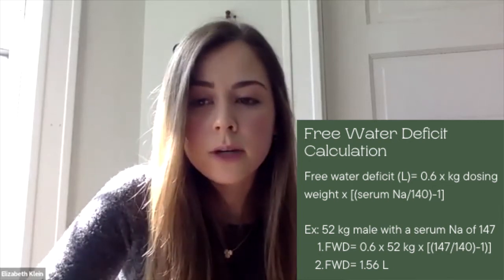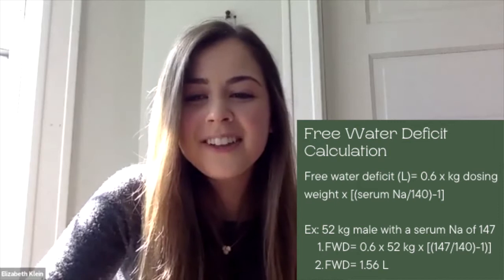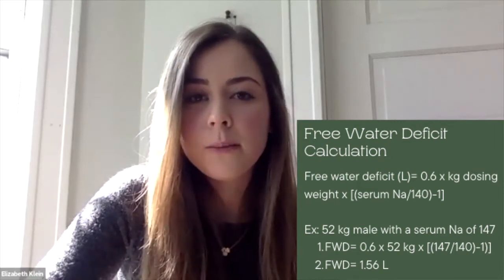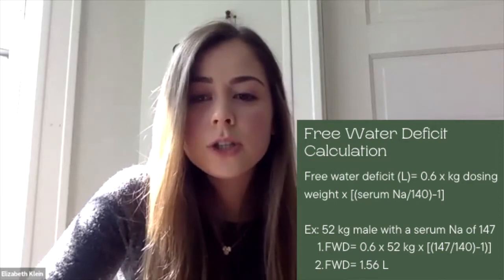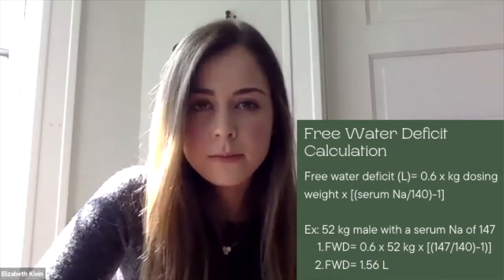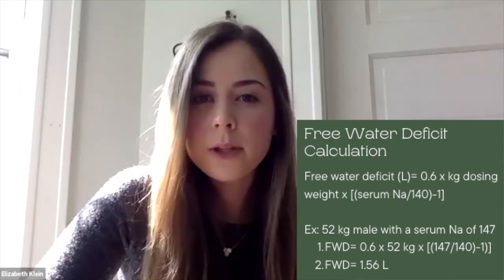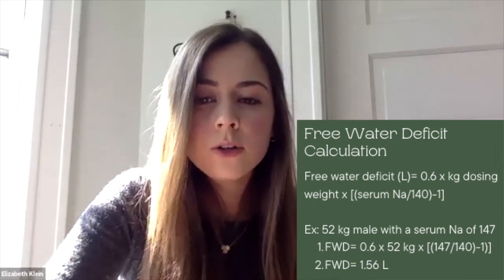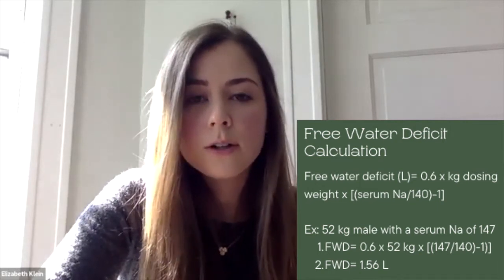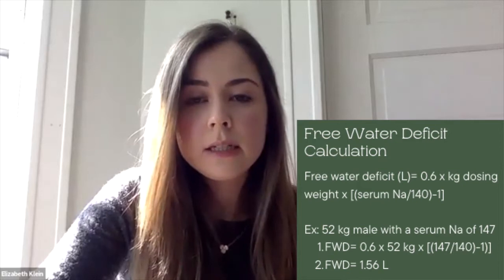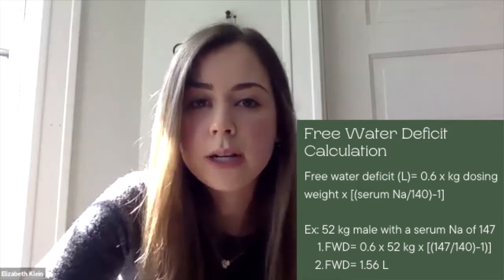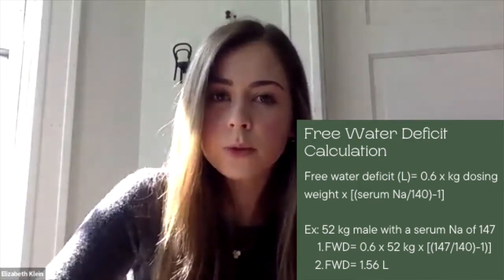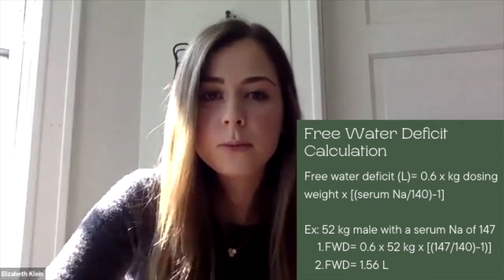You subtract 1, you multiply by their dosing weight, and then also multiply by 0.6, which accounts for 60% of the body being water. And then once you calculate through this all, you will figure out how many milliliters of water the patient would need in order to correct their sodium back to within normal limits.